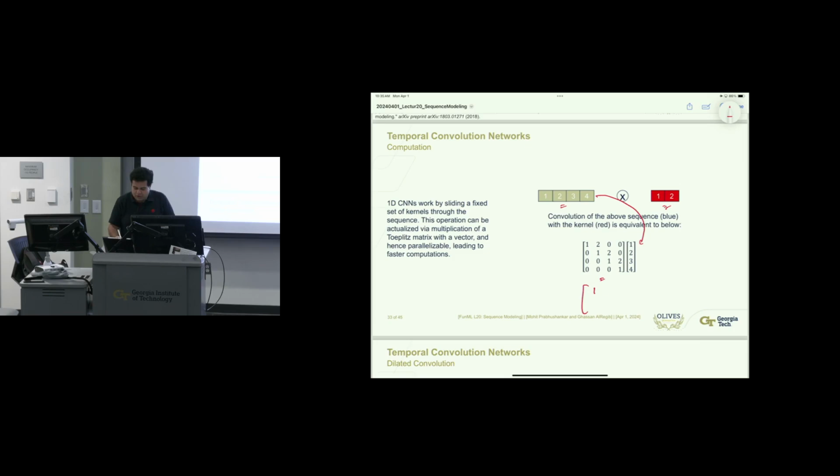You know, your 1, 2 here, and if you have 1, 2, 3, 4, if you have 0, 0, your first element is going to be 1 multiplied by 1, and then 2 multiplied by 2, 0 multiplied by 0, and 0 multiplied by 0, right? So it's a much easier matrix multiplication process when you consider that the next one is going to be zeros here, 0, 0, 1, 2. So this is going to be multiplied by this, and so on.